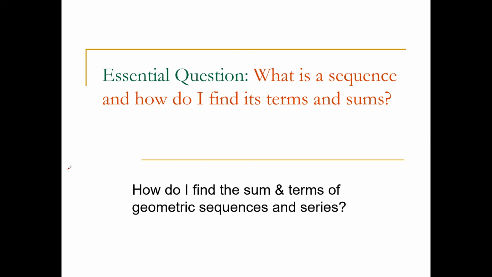We already defined what we mean by sequence, class. It's a list of numbers with commas, right? And then how do I find its terms? Like in arithmetic sequence and series, we know how to get the sum of an arithmetic sequence. We can also find the unknown if it's arithmetic. Same with geometric. So how do I find the sum in terms of geometric sequences and series?